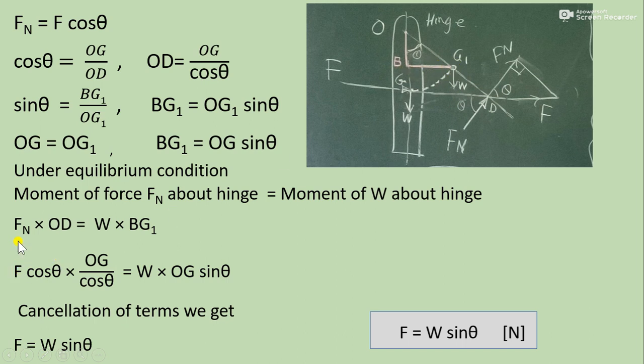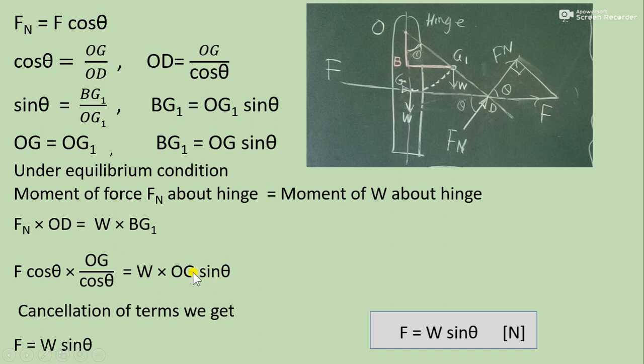Now as we have already mentioned, Fn is equal to F cos theta, so here Fn will be replaced by F cos theta. Then for OD we have already this relation, that is OG upon cos theta, so we have written this here. Then W into, for BG1 we already have OG sin theta, so we have written here OG sin theta.